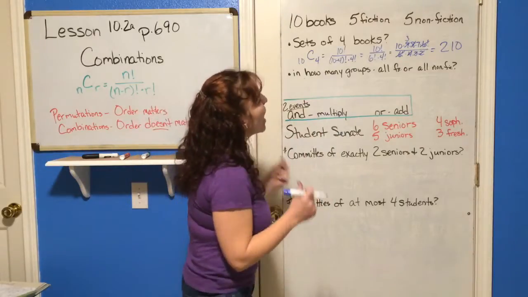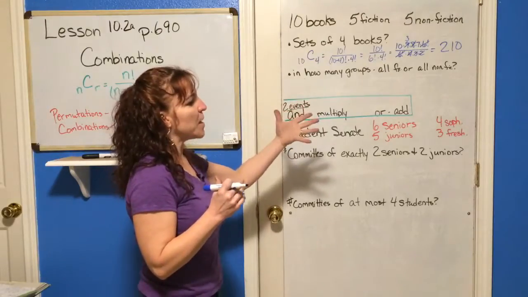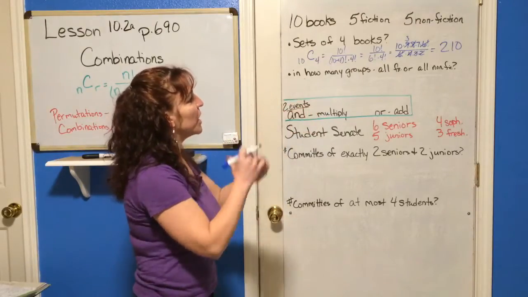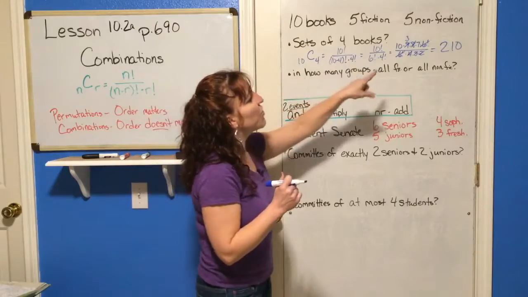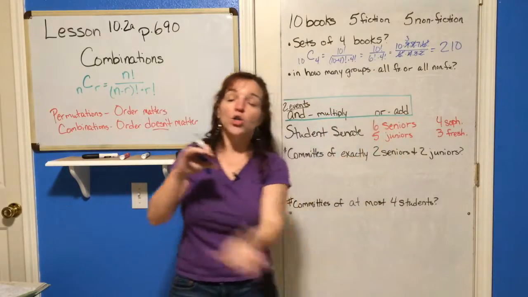Okay, so now what about those 210 different combinations? In how many of those 210 groups are they either all fiction or all nonfiction?